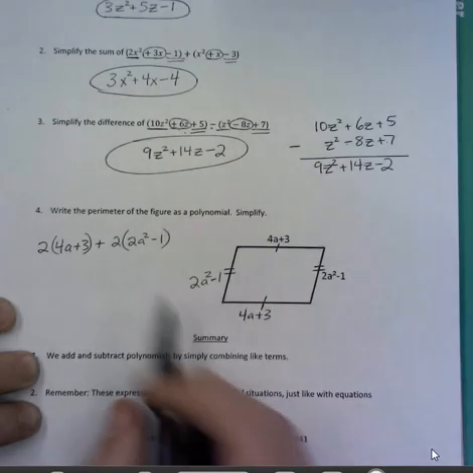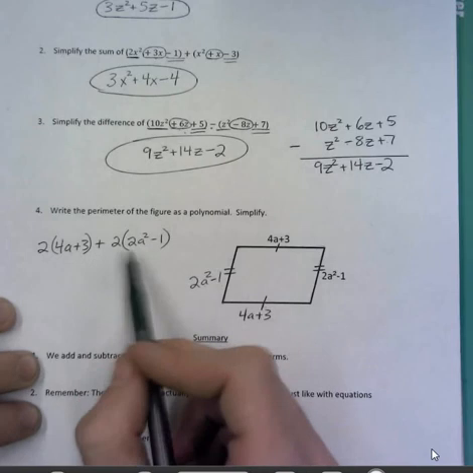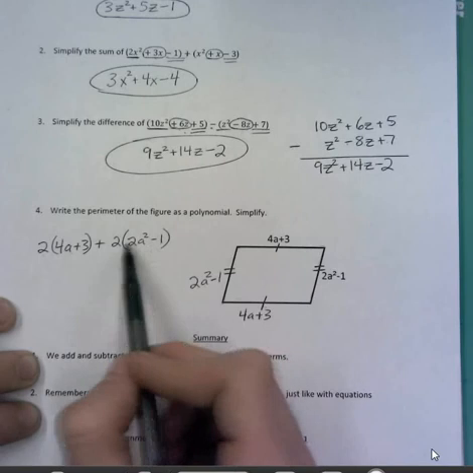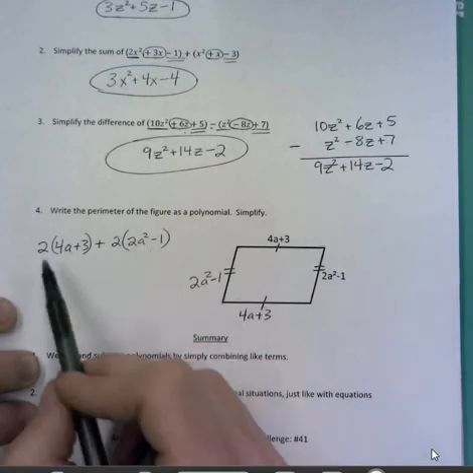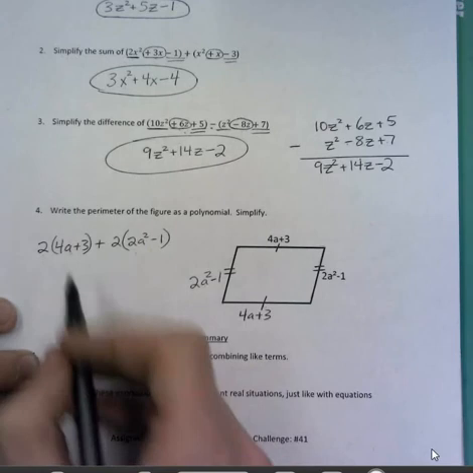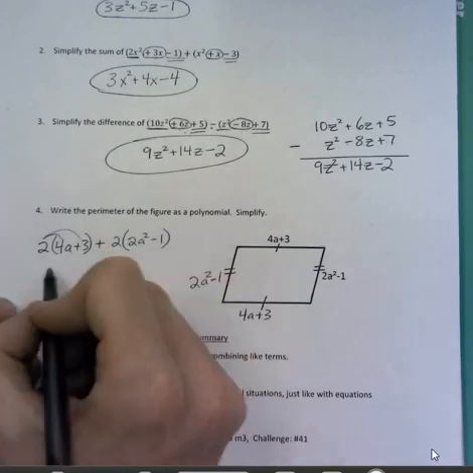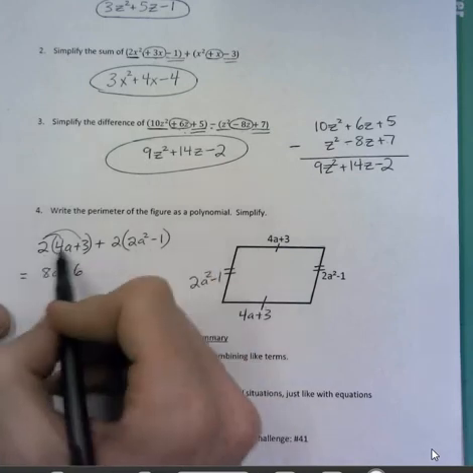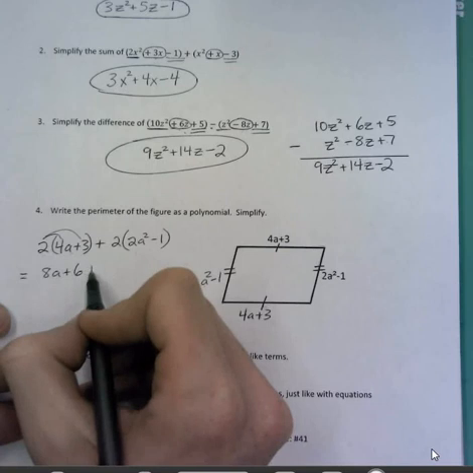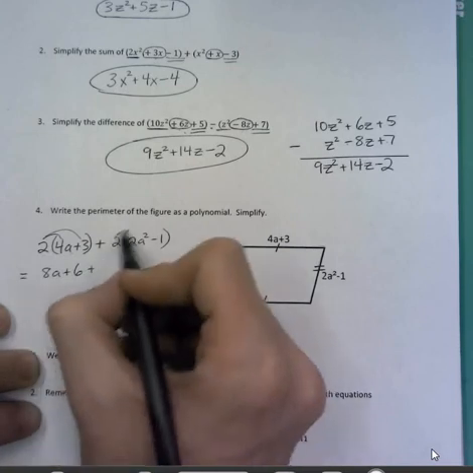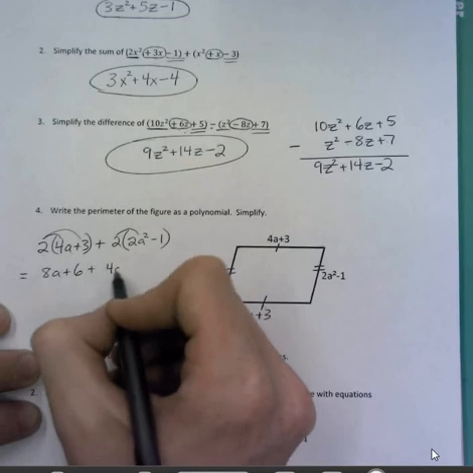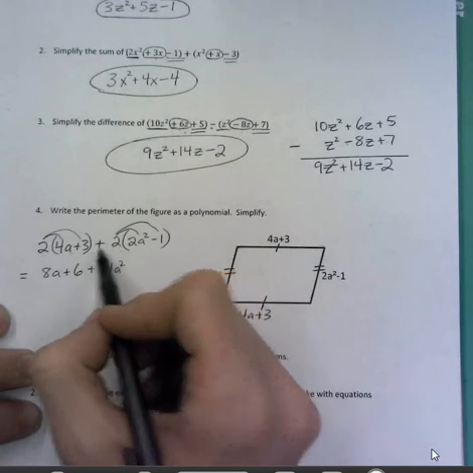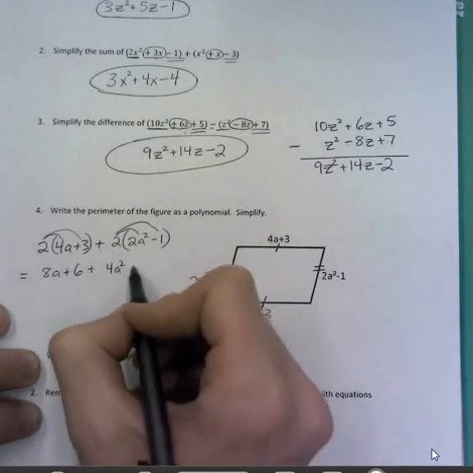It's almost like a formula for finding the perimeter: you do 2 times one side plus 2 times another side, or 2 times the length plus 2 times the width, and that'll give us our perimeter. So when we distribute, we should have 8a plus 6, because you got to give that 2 to everything there, plus, break down your plus sign, 2 times 2a squared is just 4a squared. And guess what? It's a positive 2, but it's a negative 1, so you got to say minus 2.